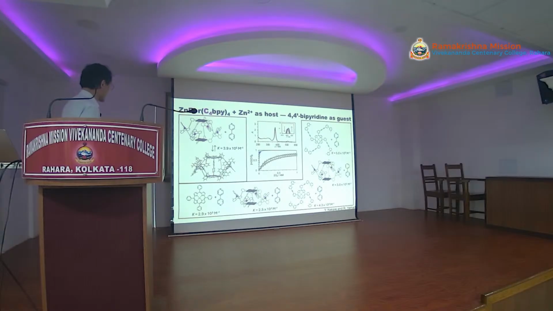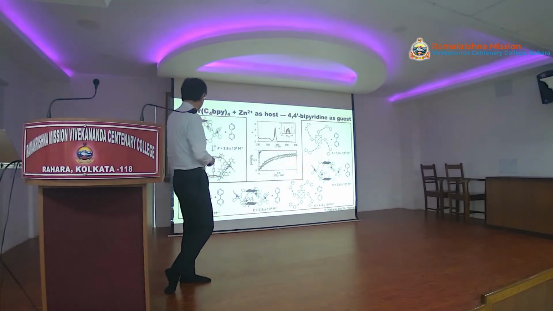This one, the same guest with a simple porphyrin, has a very low binding constant, and even if we have a dimer, the smaller cavity dimer has a low binding constant.